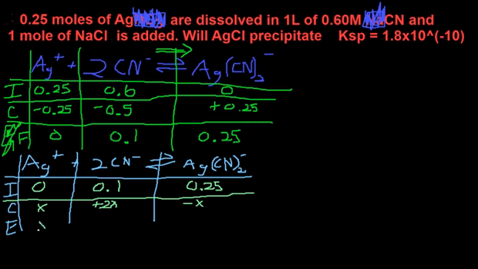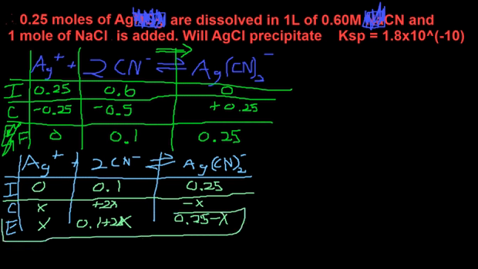So we're going to end up with x, 0.1 plus 2x, and 0.25 minus x.